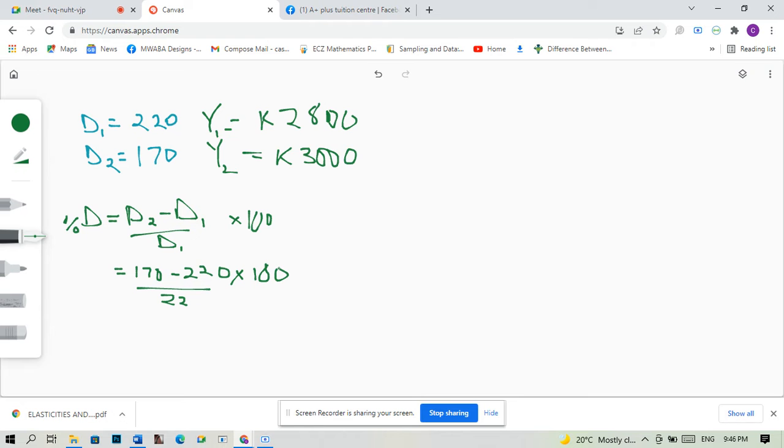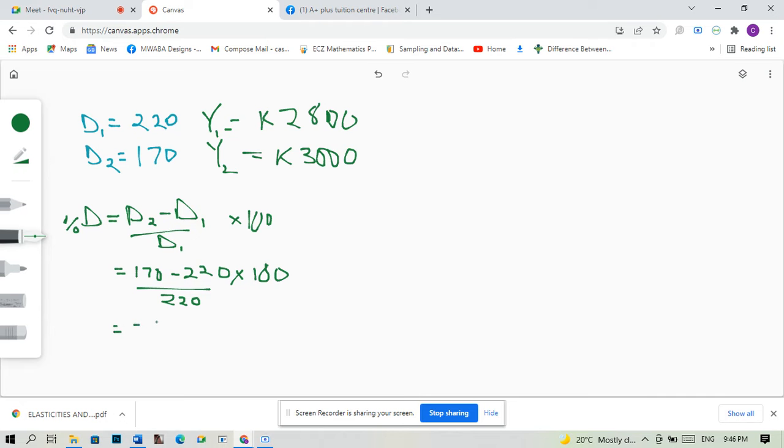So 170 minus 220 gives us negative 50. Negative 50 divided by 220, we get negative 0.227.